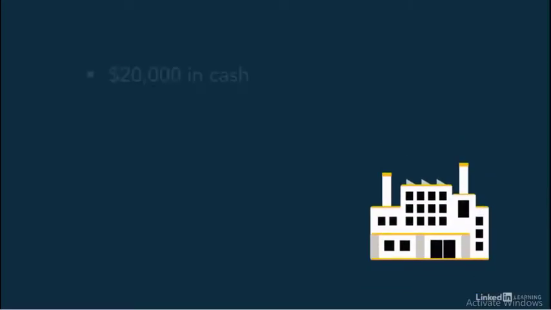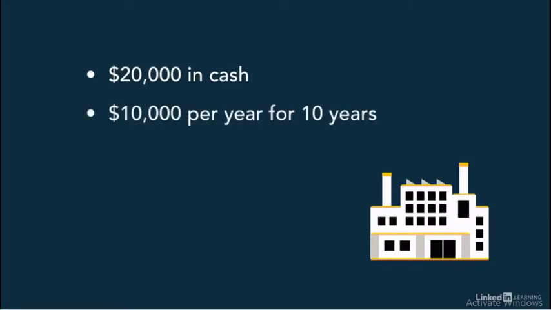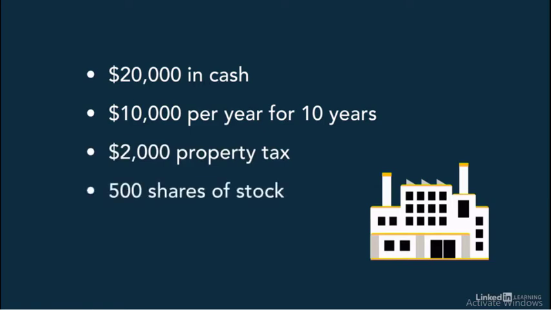Consider the following. A company buys a building. In addition to paying $20,000 in cash, the company agrees to pay $10,000 per year for the next 10 years. The company will also pay a $2,000 property tax bill associated with the building from last year. As part of the purchase, the company gave the former owners of the building 500 shares of stock.